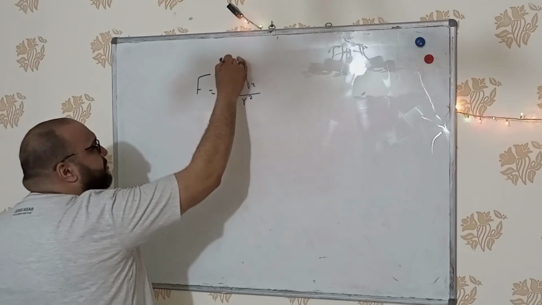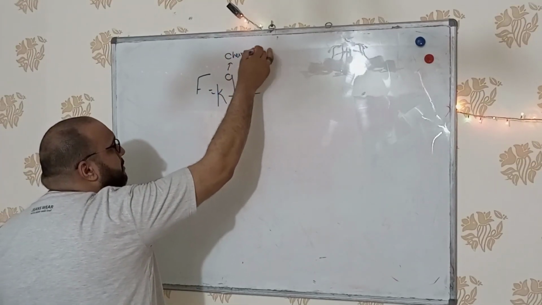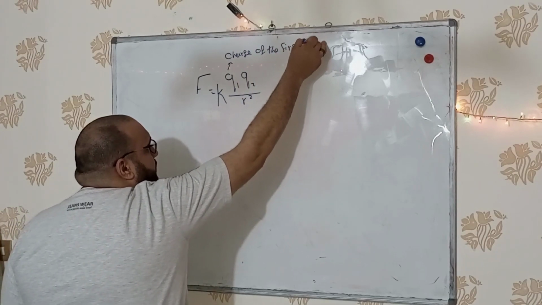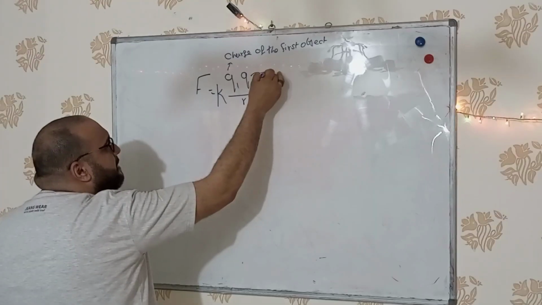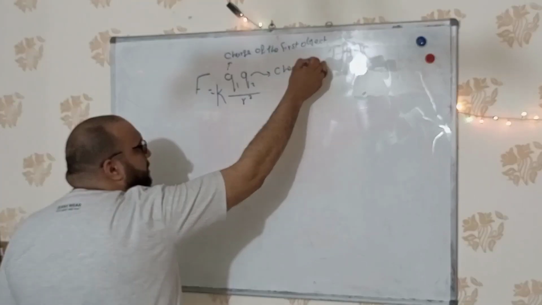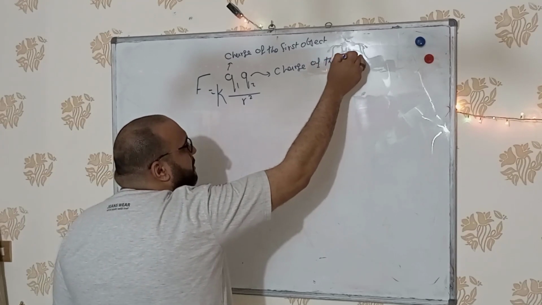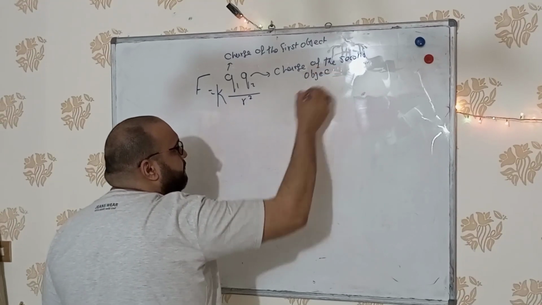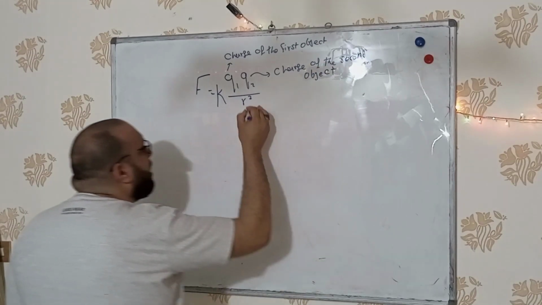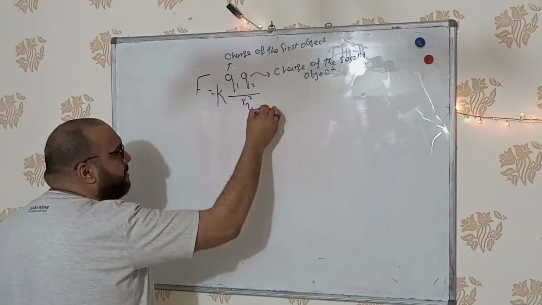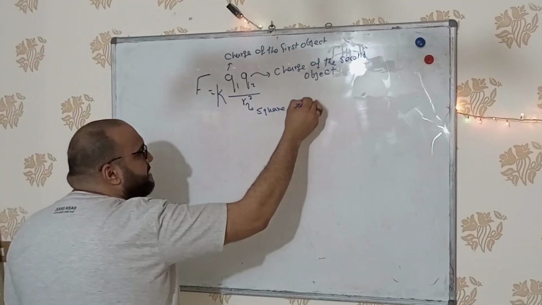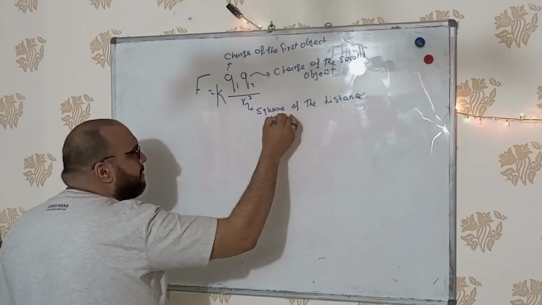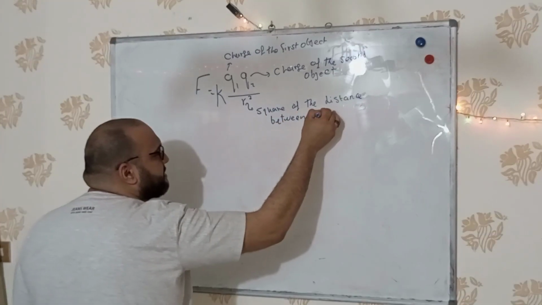Q1 is the charge of the first object. Q2 is the charge of the second object. R is the distance between the two charges.